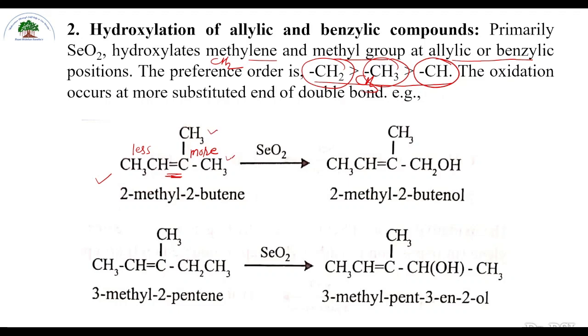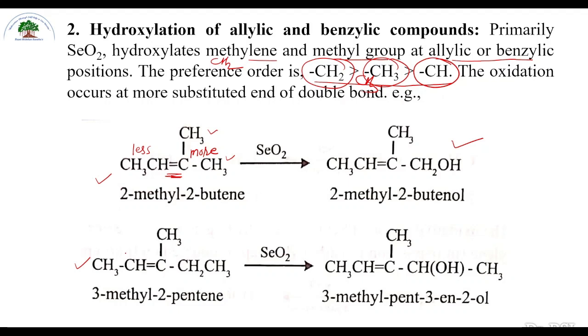Out of these two CH3 groups, any one can be oxidized and we get the product, 3-methyl-2-buten-1-ol type allylic alcohol. And in this second reaction, 3-methyl-2-pentene is oxidized by selenium dioxide.